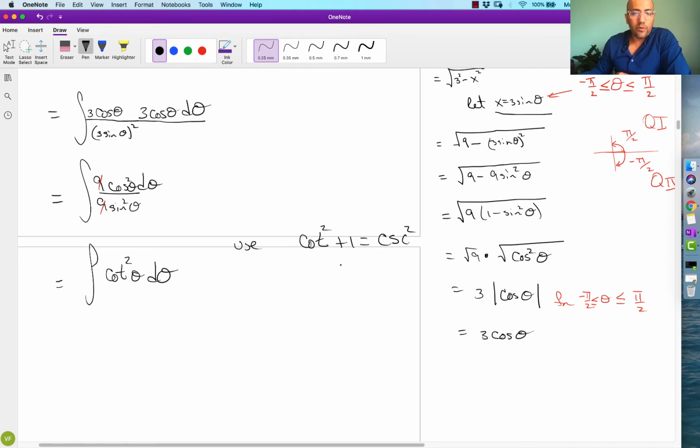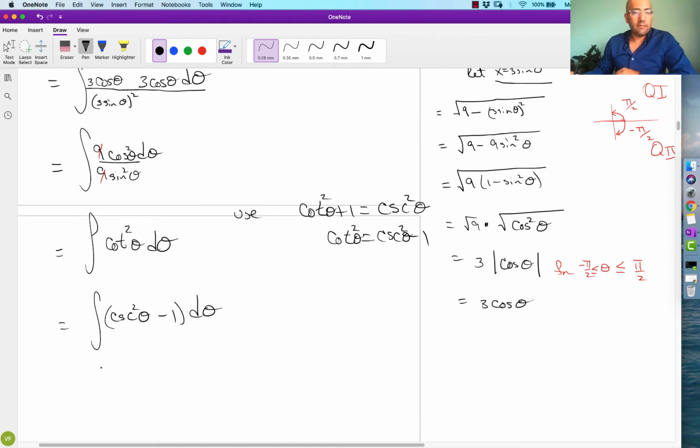So we can replace cotangent squared with cosecant squared minus 1. We replace that with the integral of cosecant squared theta minus 1 d theta. I'm terrible here, it's getting really messy.